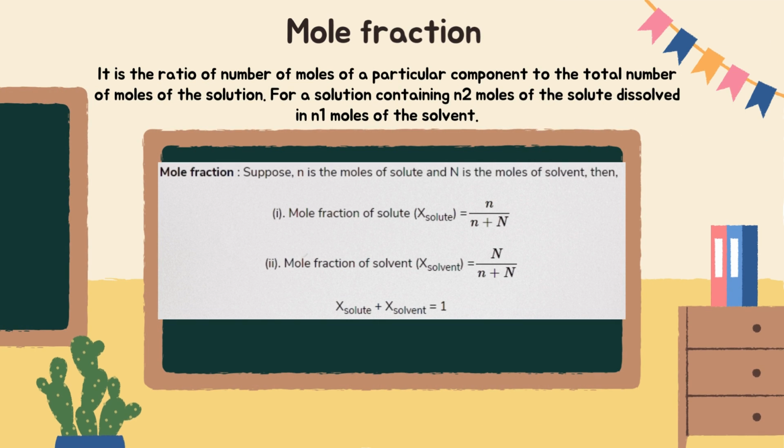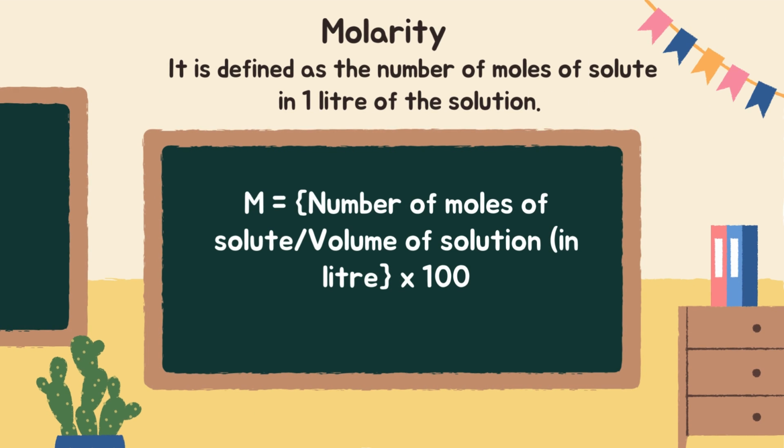Mole fraction, it is the ratio of number of moles of a particular component to the total number of moles of the solution. For a solution containing n2 moles of the solute dissolved in n1 moles of the solvent. Next is molarity. It is defined as the number of moles of solute in 1 liter of the solution, where M equals the number of moles of solute divided by the volume of solution in liters.